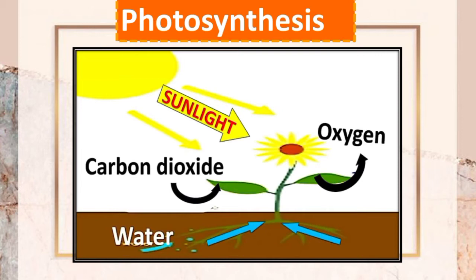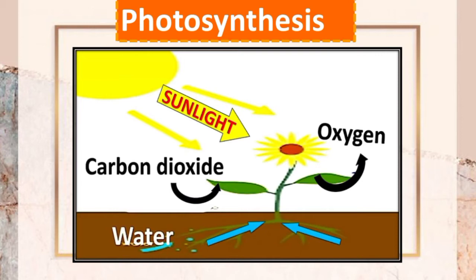This process is called photosynthesis. Water is absorbed by the roots and carried through the stem to the leaves. Then the second material, light: when light falls on the leaves, it is absorbed by chlorophyll.